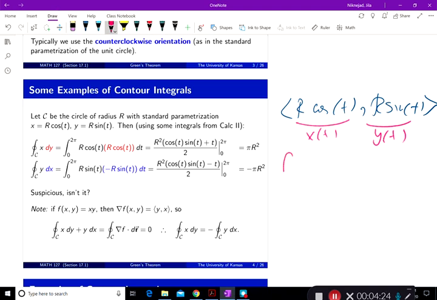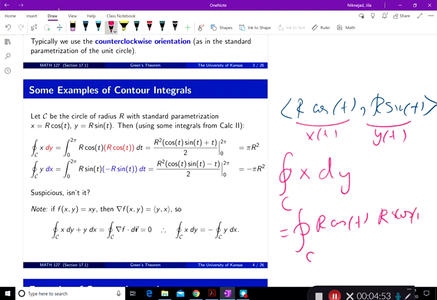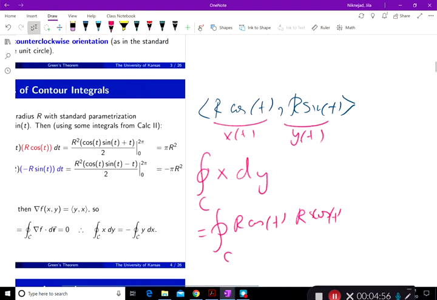Now, computing the contour integral over C of x dy means you're computing r cosine t, and dy is y prime times dt, and y prime is r cosine t dt.